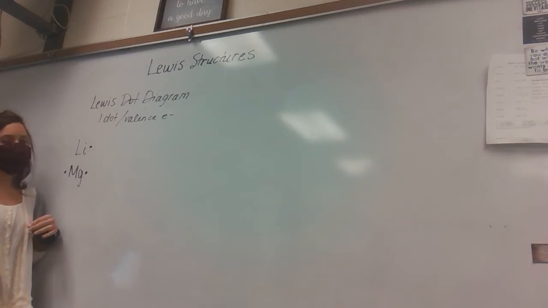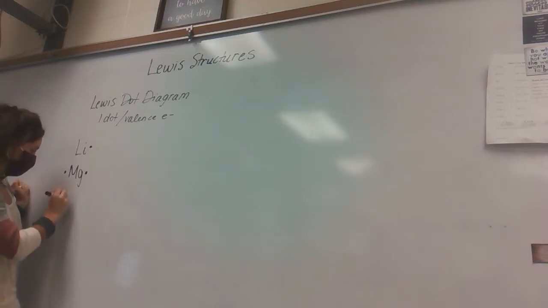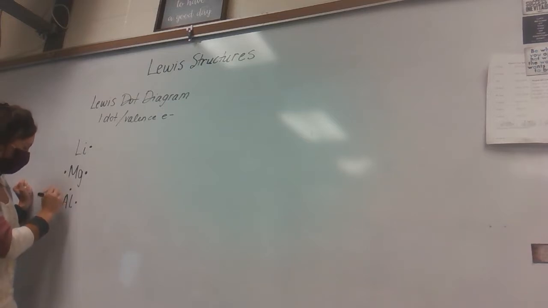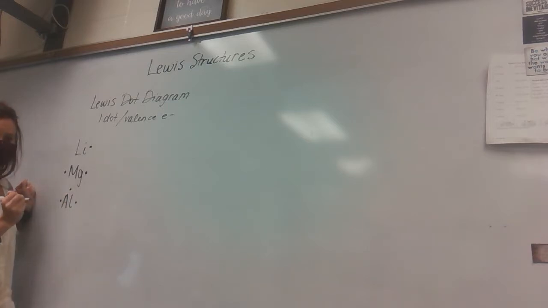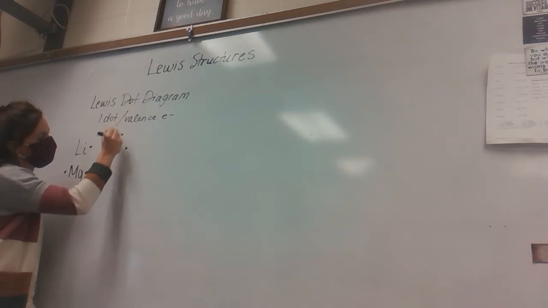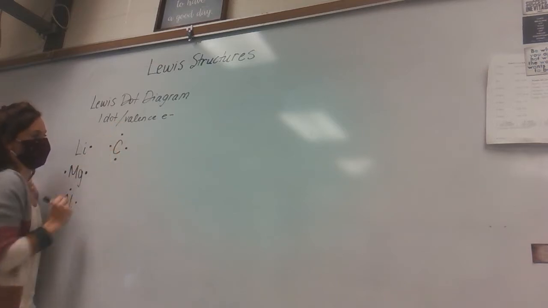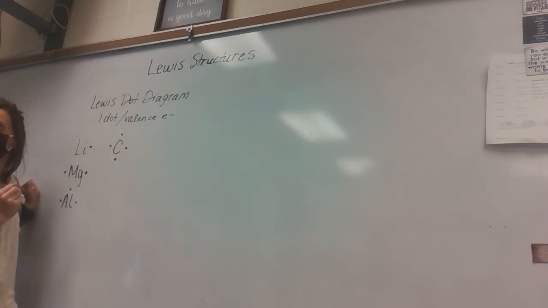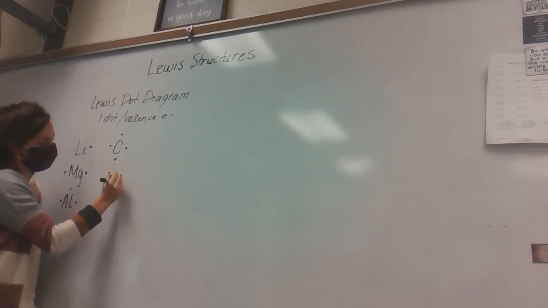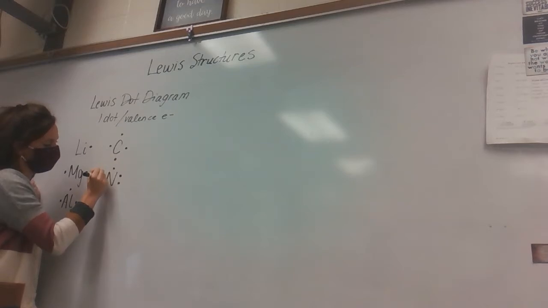Transition metals we just leave out for now. You could do it if you were told how many valence electrons, but we don't usually cover that. Group 13 with 3 has 3 dots. Group 14 has 4, 1 on each side. 15 has 5, so one side gets a pair.